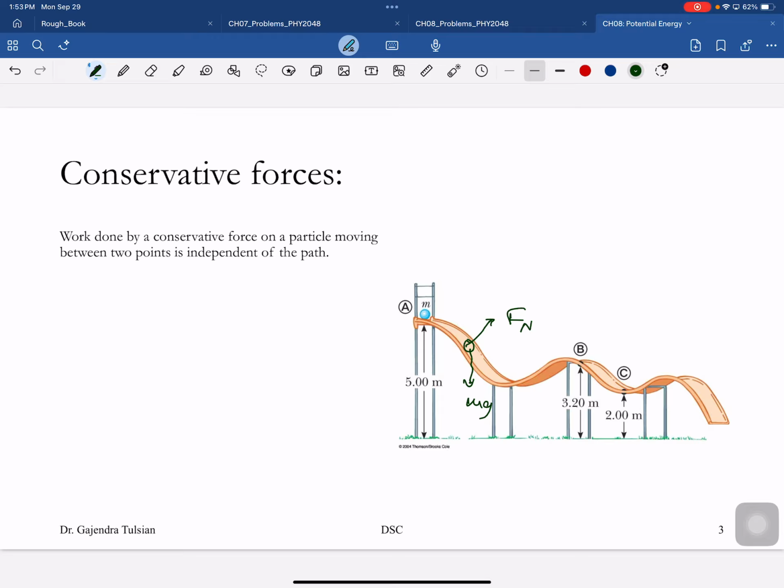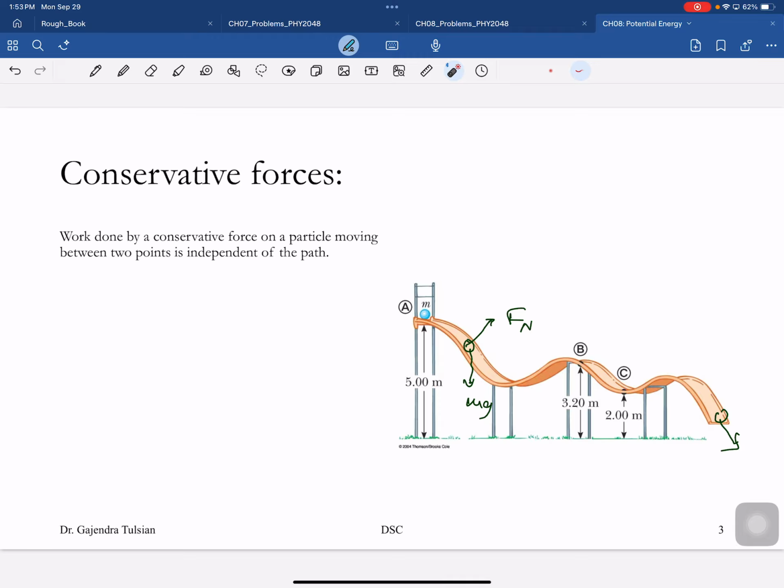So if this was a frictionless slide, you let go of this, it comes off at a speed here, and the fact that the work done by gravity is independent of the path means you can design the slide any way you want. If this location is the same, it will come out at the same speed, no matter how the slide is designed. So that's an implication.